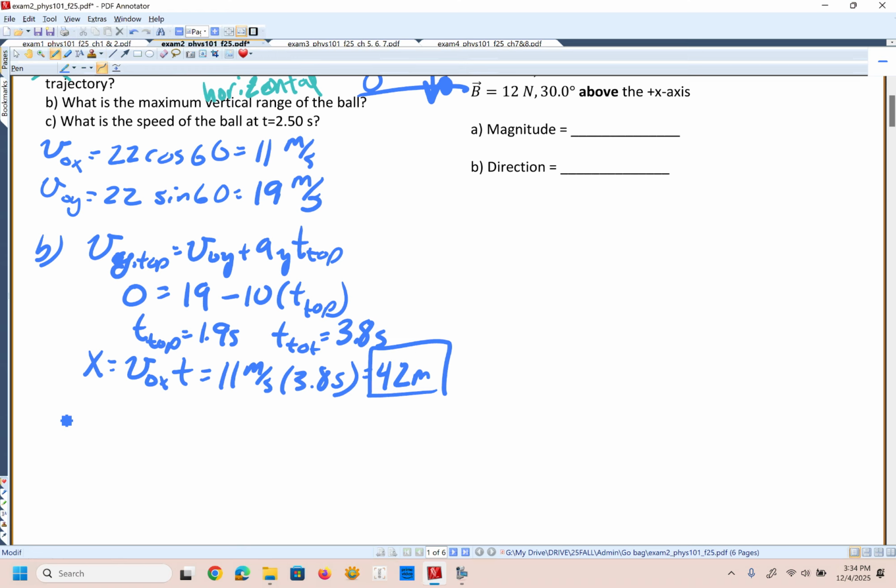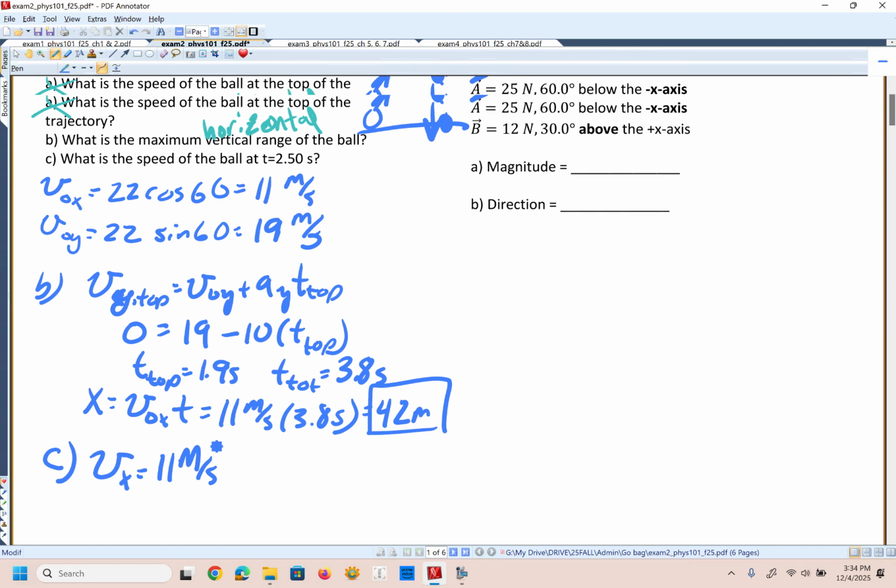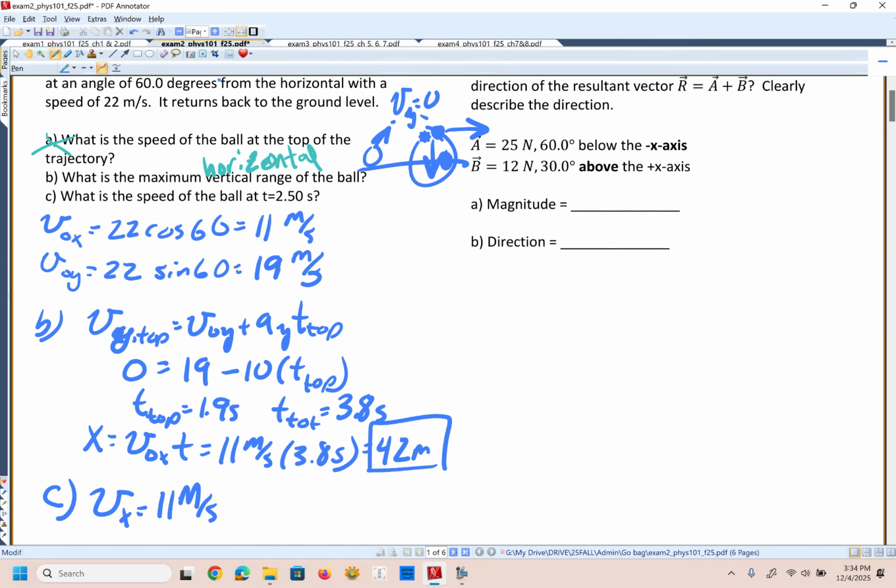The x component, I know Vx is equal to V0x, so that's 11 meters per second. That's because the x velocity does not change in projectile motion because Ax is equal to 0. So Vx remains at 11 meters per second.